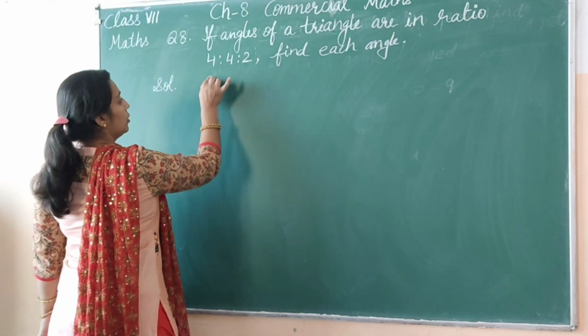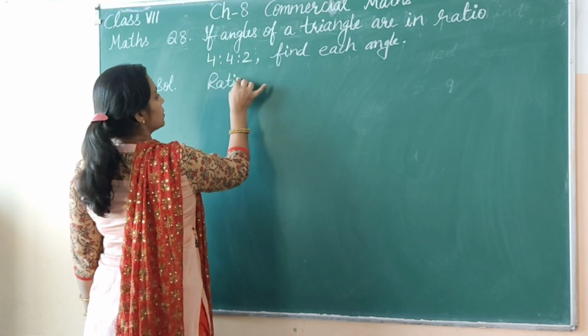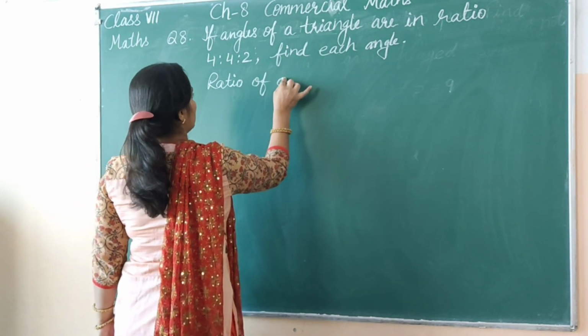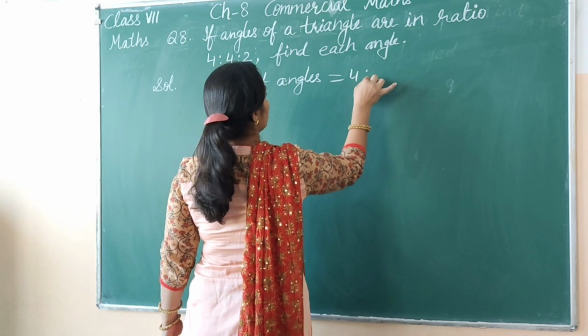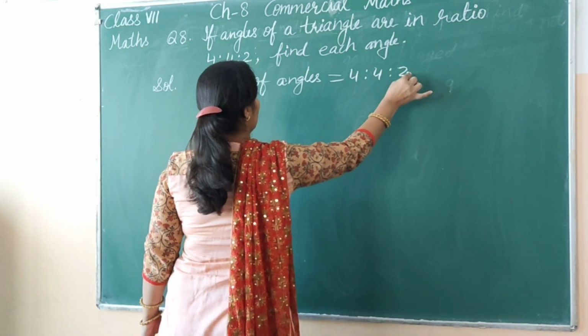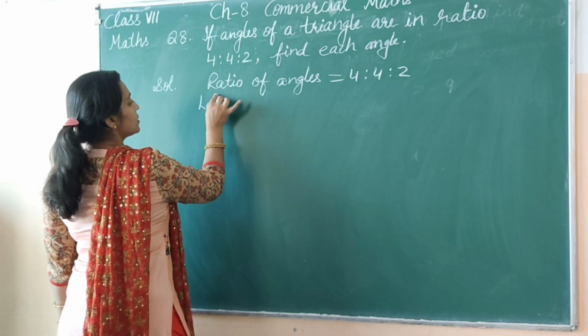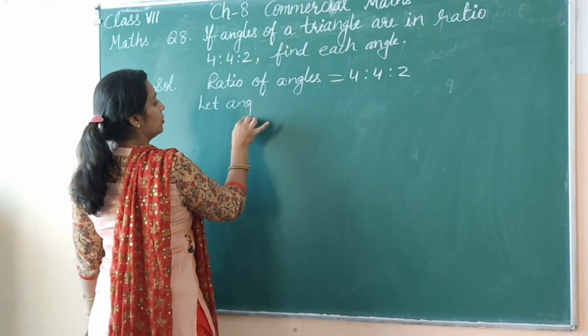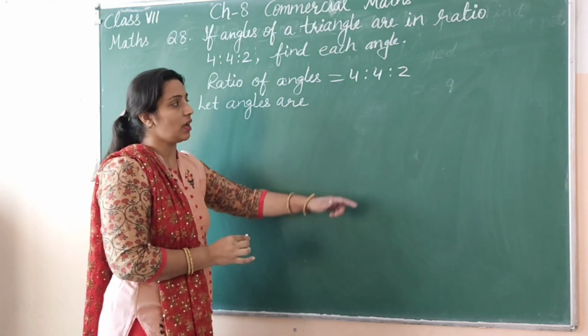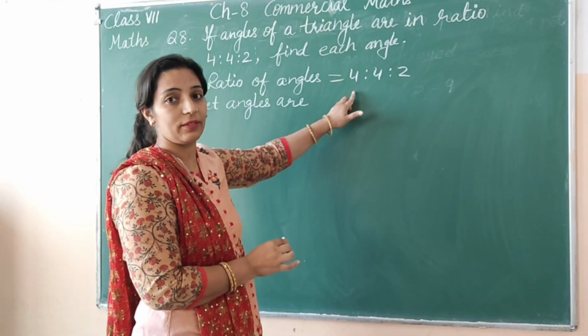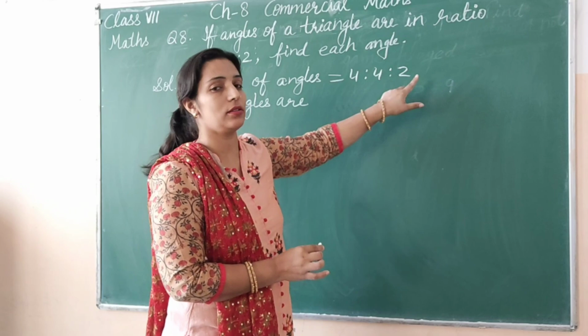Okay. Ratio of angles is equal to 4 is to 4 is to 2. Let the angles be 4x, 4x and 2x, multiplying a variable with these.